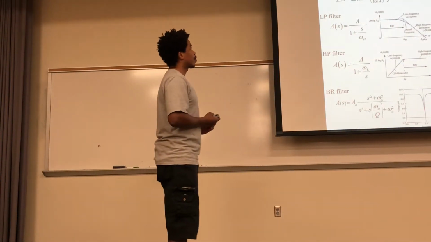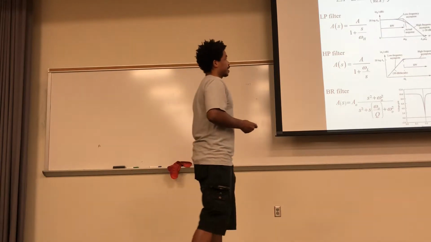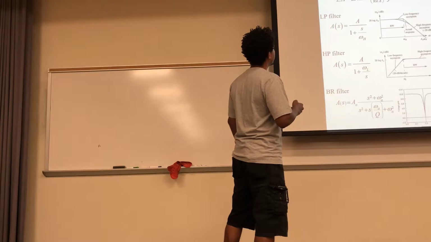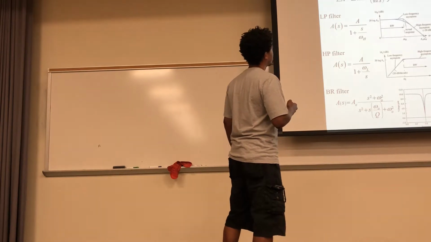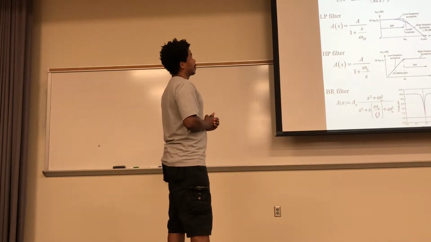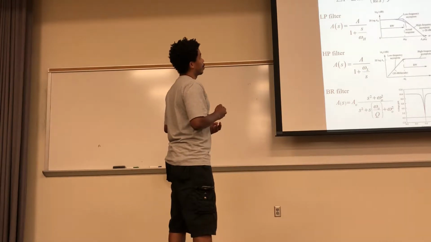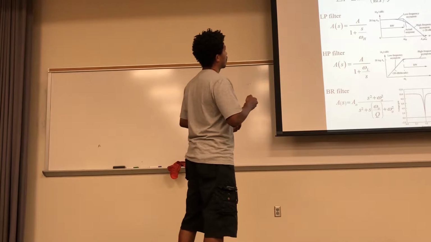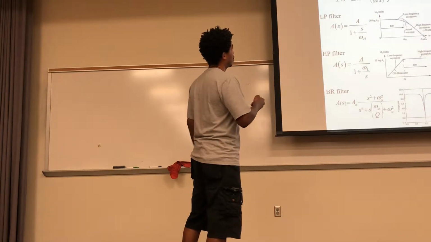For a quick review of the last couple of lectures, we looked at the transfer function, and since it's complex, we can break it apart into a magnitude and also a phase. And we get a Bode plot from those.